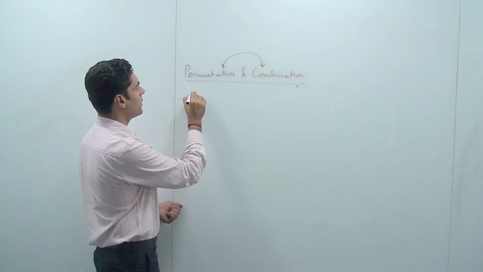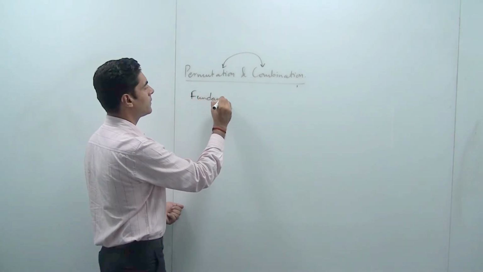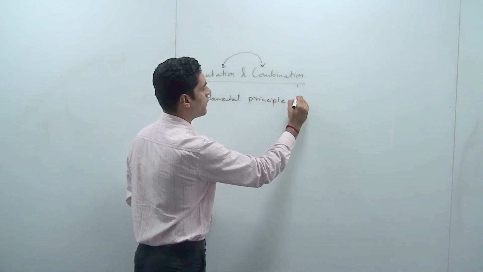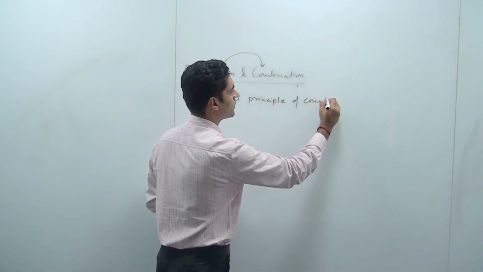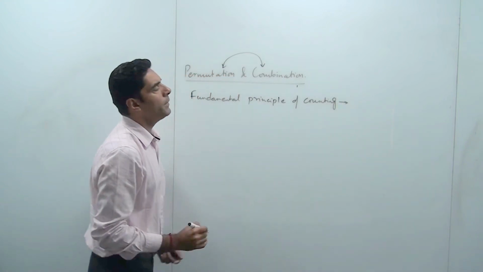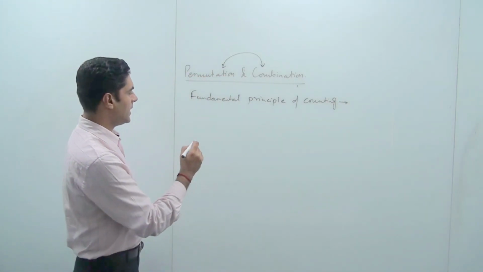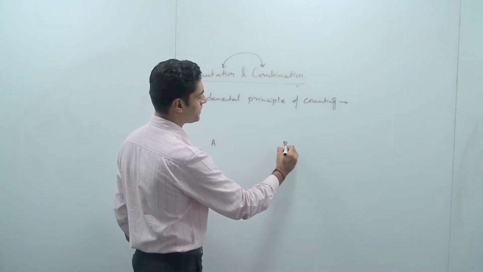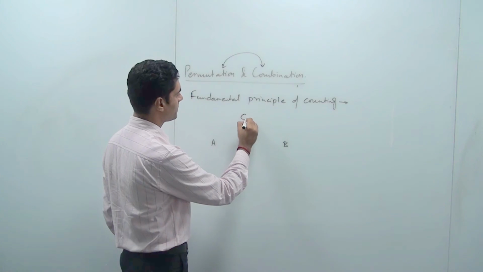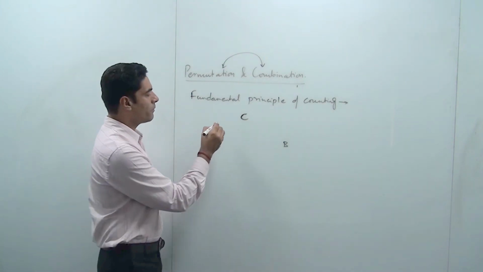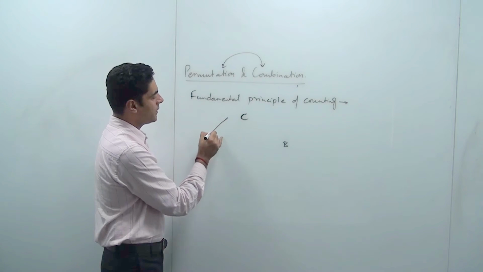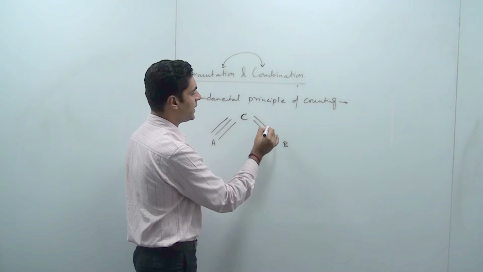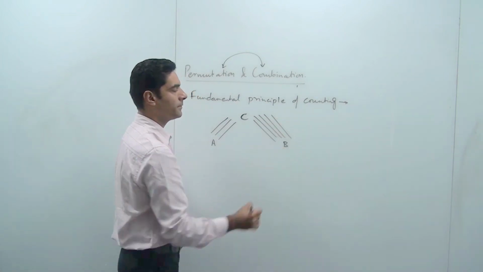One among them is called the fundamental principle of counting. Let's say now there's a guy who wants to go from A to B via C. Now from going from A to C there are 3 ways, and for going from C to B there are 5 ways.